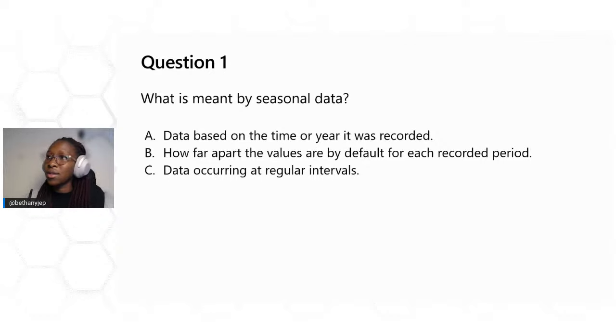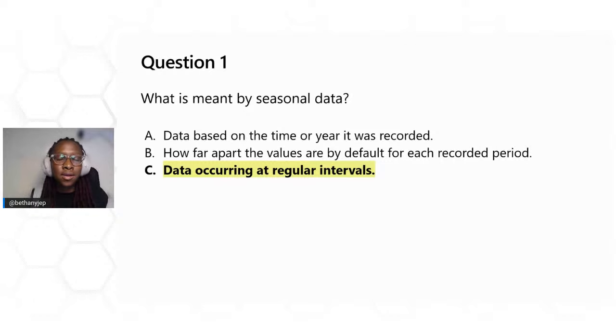Everyone is giving C, Sahil C, Fortune C. Anyone else? I think everyone got it. So yeah, the answer is C. The seasonal data is just data that has a pattern, data where you can tell there's a pattern. It can occur hourly, daily, or monthly in patterns.